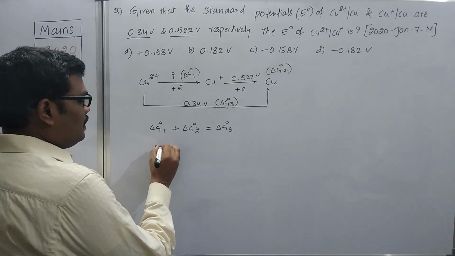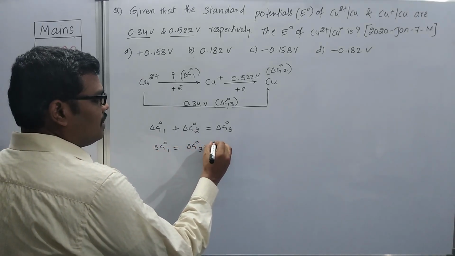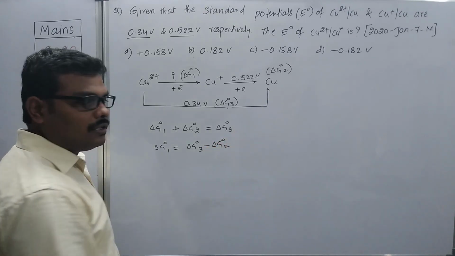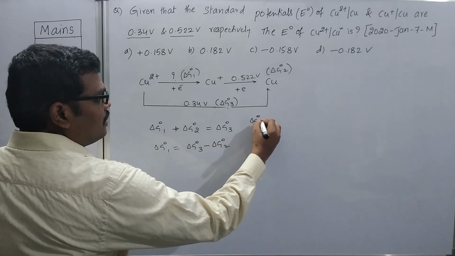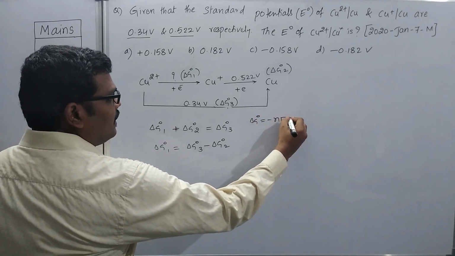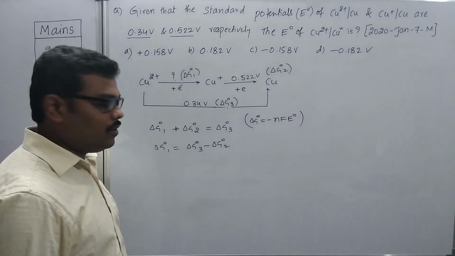So from this, delta G01 is equal to delta G03 minus delta G02. You already know delta G0 is equal to minus nFE0.